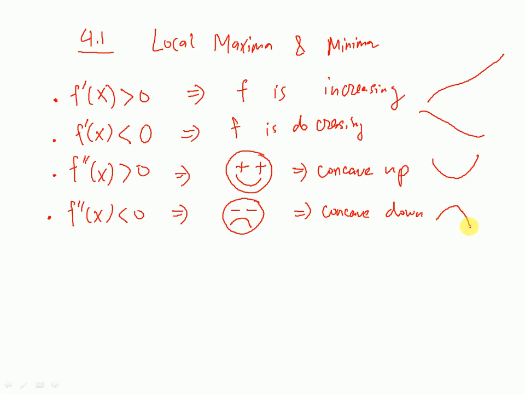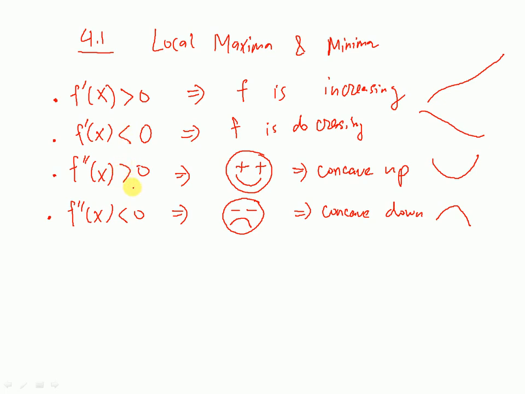Very easy to memorize. Now these four behaviors of the function are described by its first and second derivative. Now we can further use the property of the first and the second derivative to describe the behavior of any functions, and in this chapter we'll learn more about that.